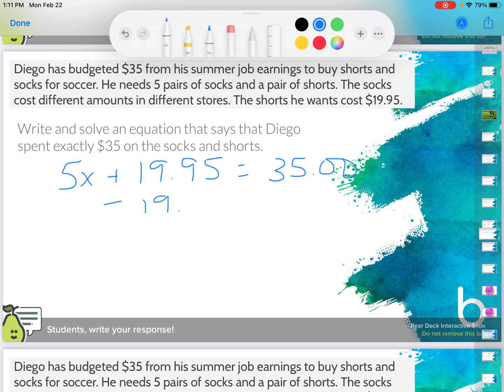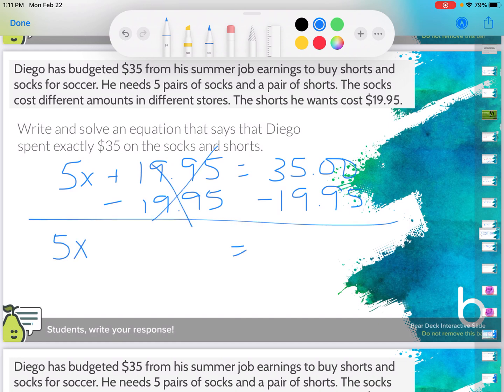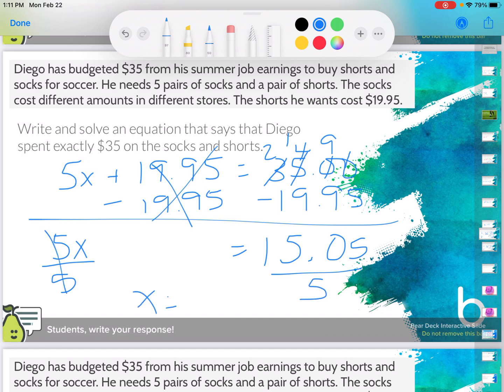So I'm going to subtract $19.95, and I'm left with 5x equals $15.05, and then I'm going to divide by 5. I'm left with x equals $3.01.